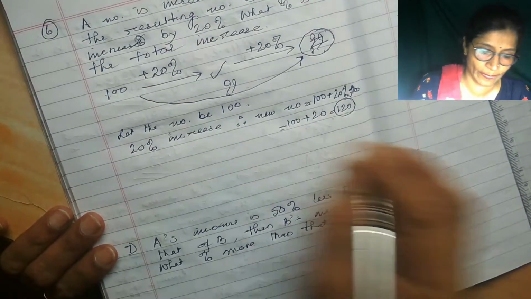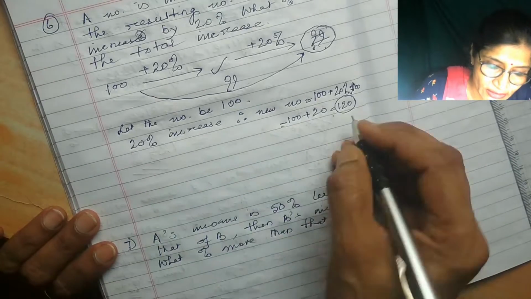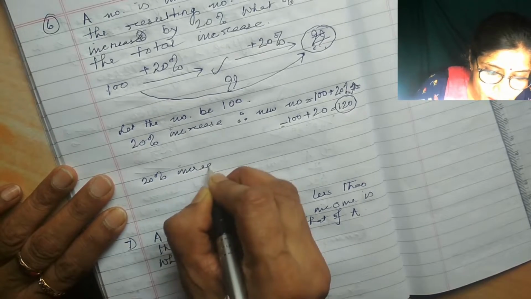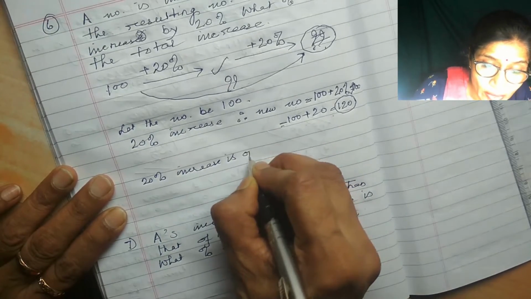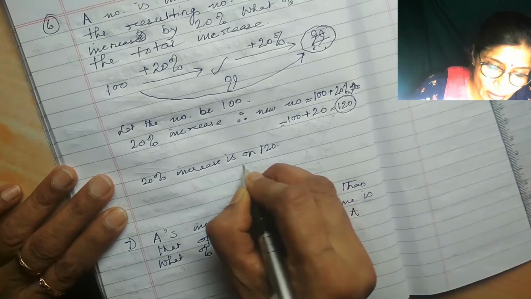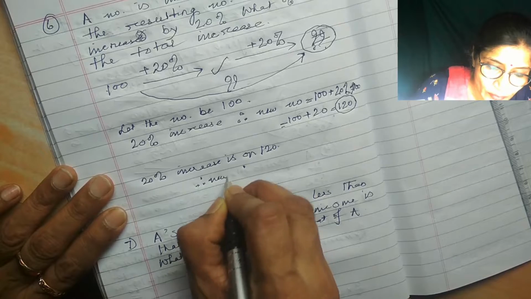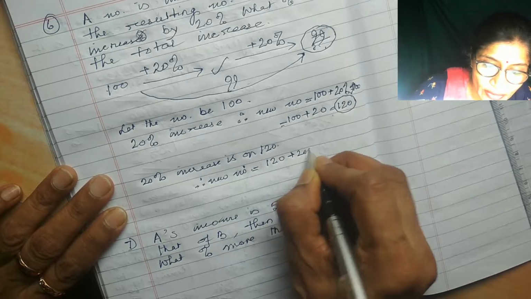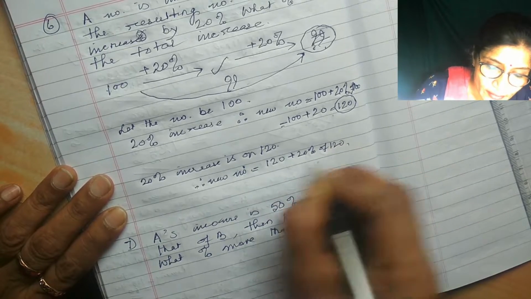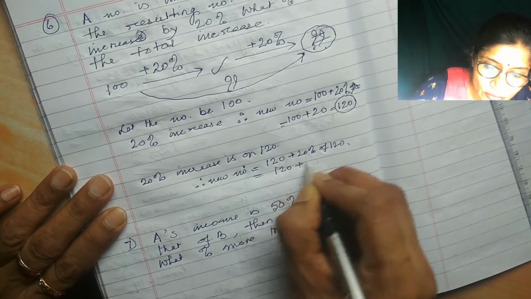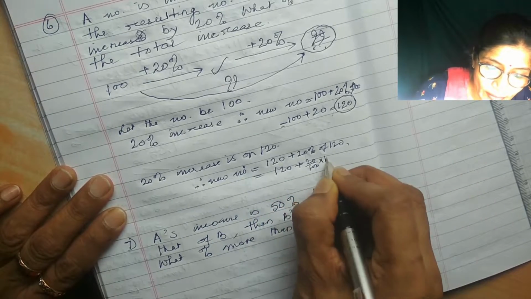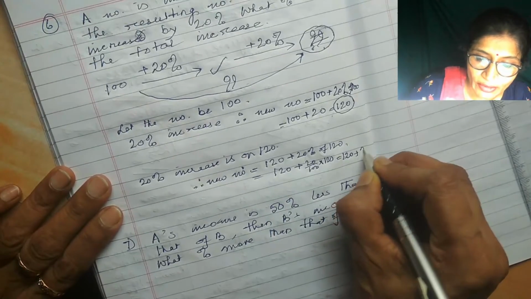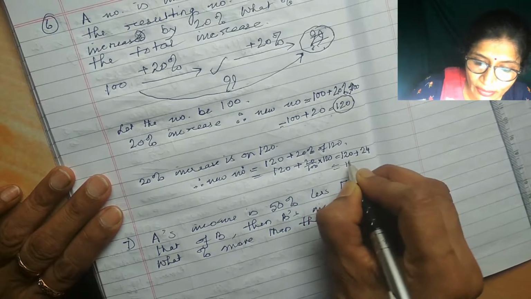First step. Again what will happen? The 20% increase is there, now on 120. So now the new number is equal to 120 plus 20% of 120, that is 120 plus 24. So that is 144.